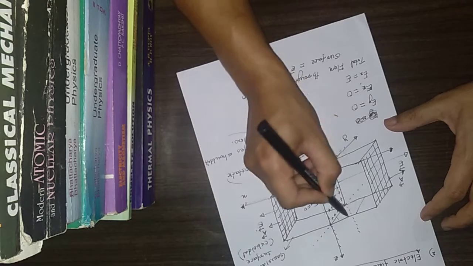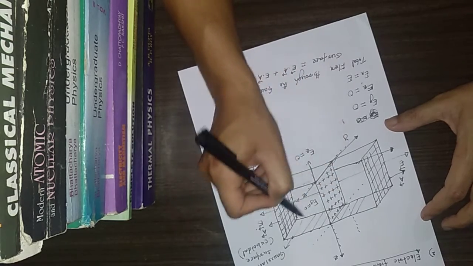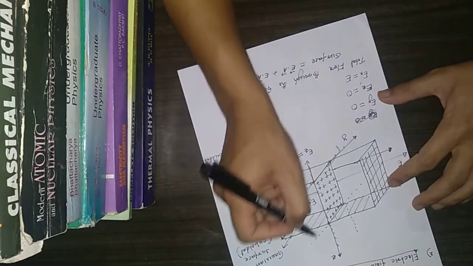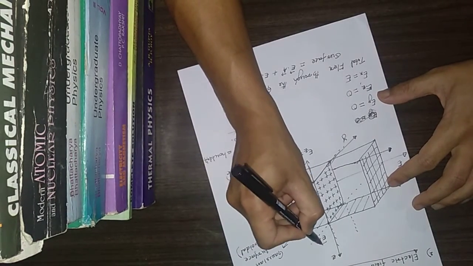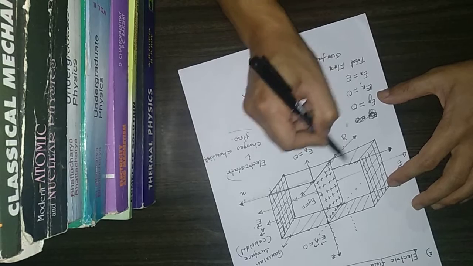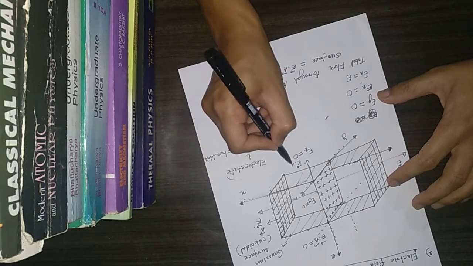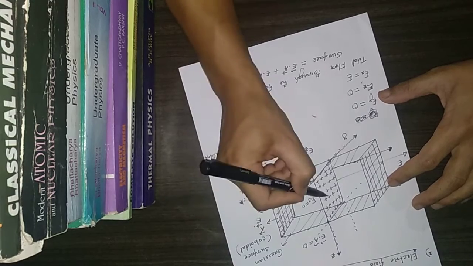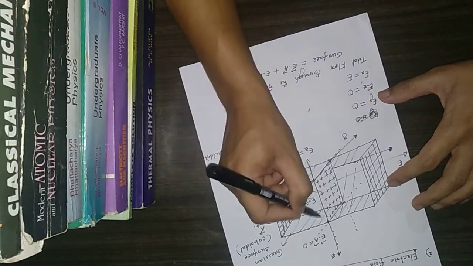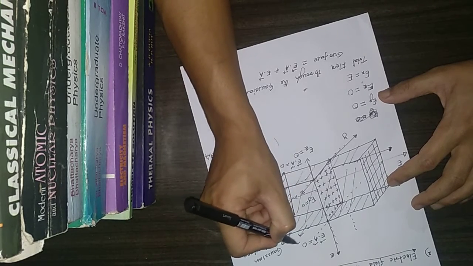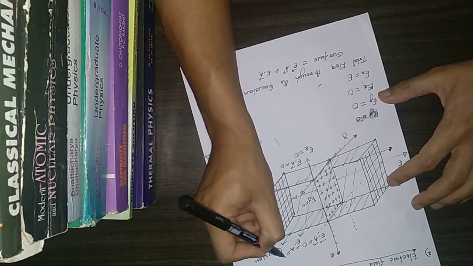For example, there will be no contribution of this surface, because E along this direction is 0, so E dot A is also 0. E dot A will be 0 in this direction because E is 0. Even in this direction, Ez is 0, that means E dot A is 0. And towards this backward area, Ey is 0, that means E dot A is even 0 in that direction.